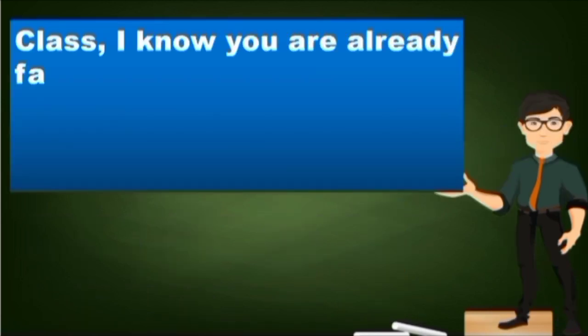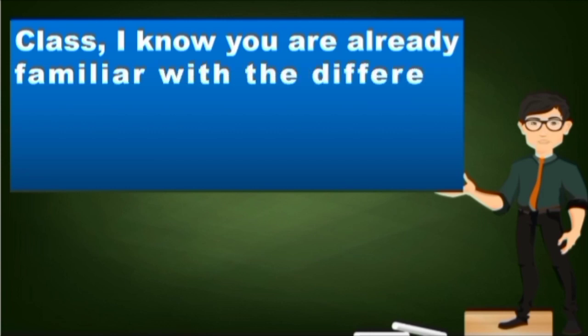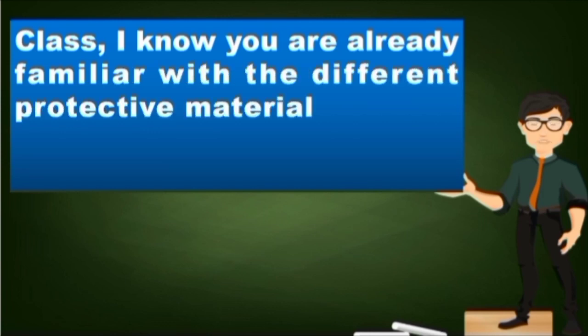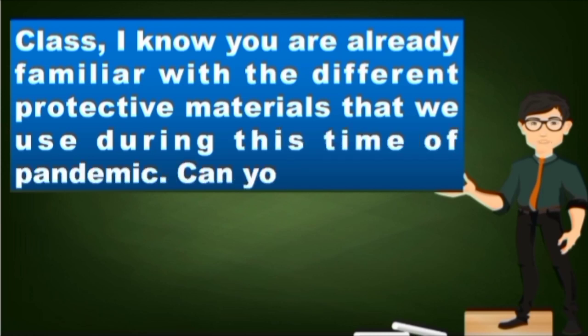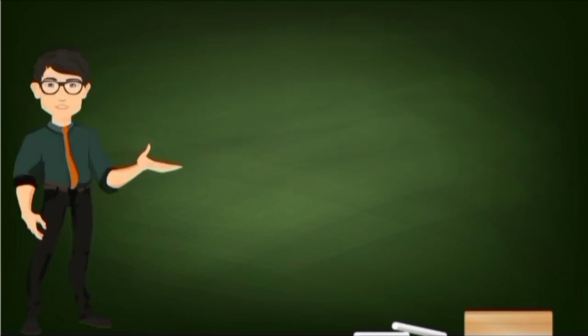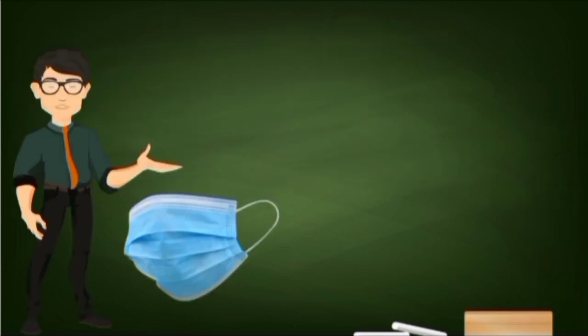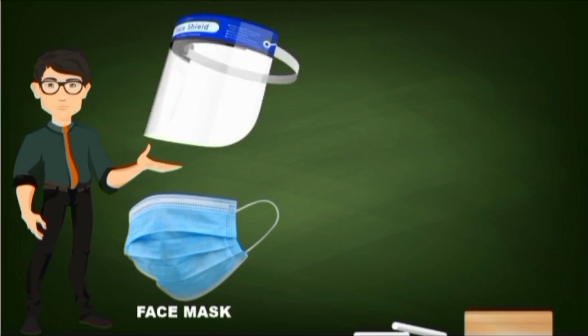Class, I know you are already familiar with the different protective materials that we use during this time of pandemic. Can you name one? Okay, let us start. The first one is face mask. Very good. Next. Right. Face shield.